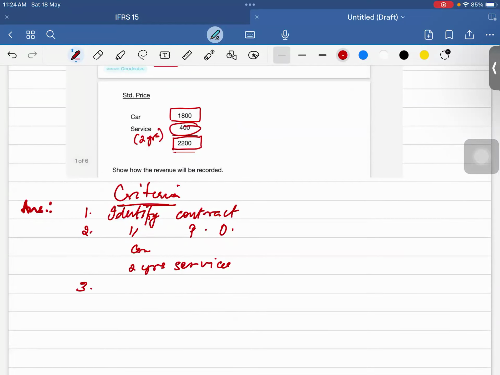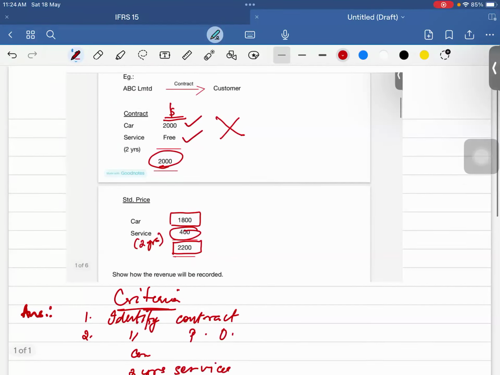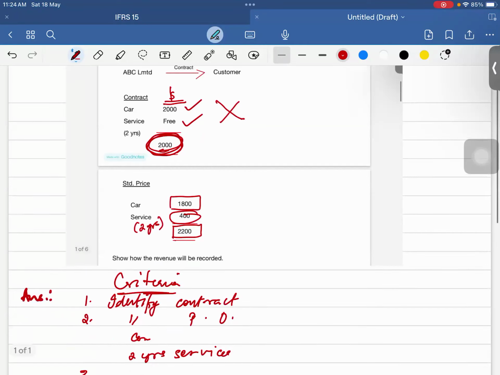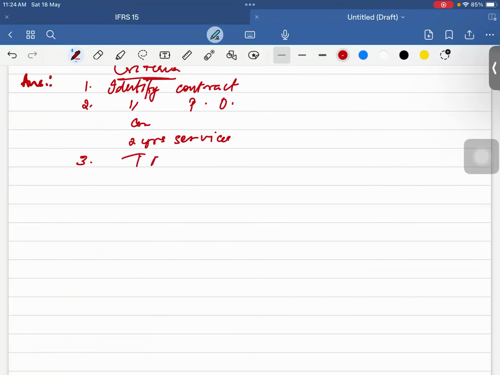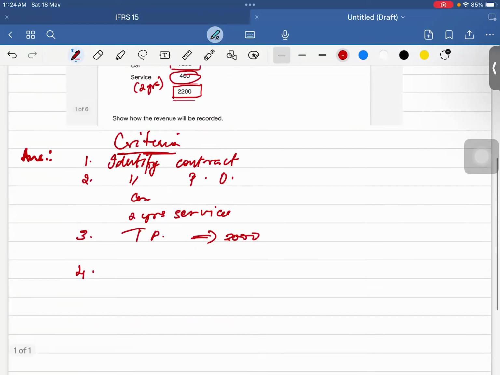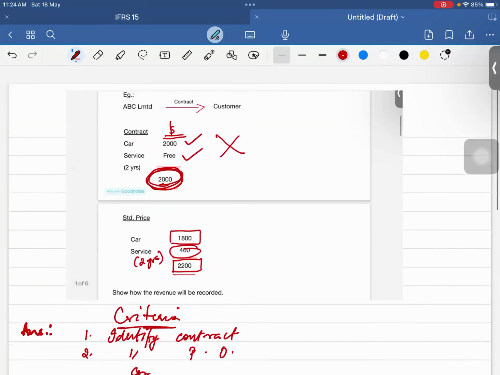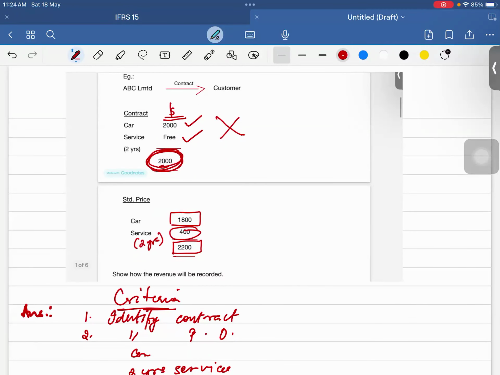Now the third one is the transaction price. Do you have the transaction price? Yes, 2000, right? So the transaction price is also there, that is 2000. So the third criterion is also met. Fourth one: is the transaction price different from the standalone price? Yes, right?